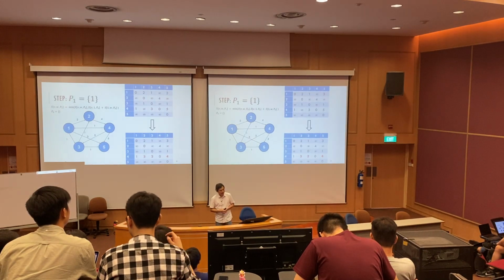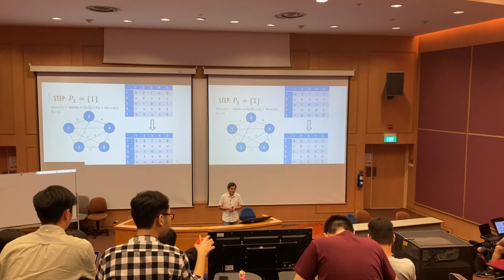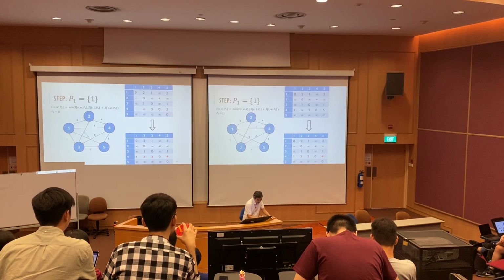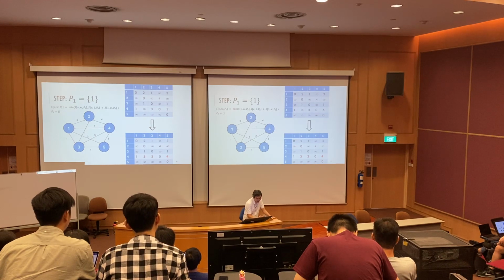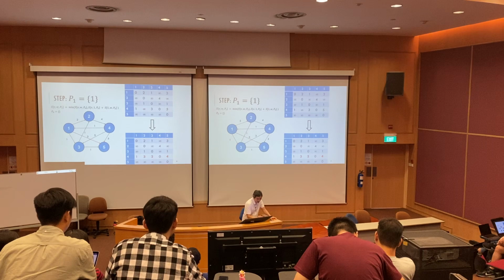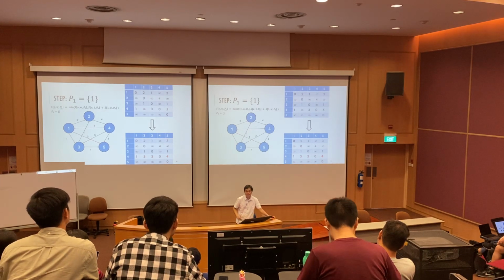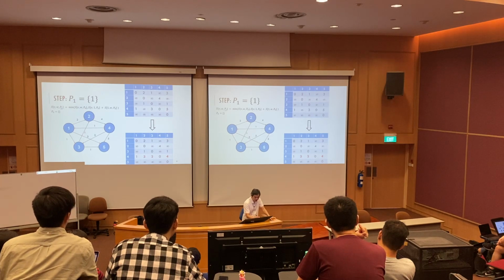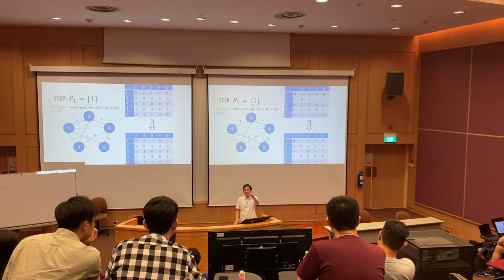Let's go to step 1. Now in step 1, we want to compute S_V,W,P1, the shortest distances from V to W for all pairs of nodes V and W that I can reach using P1. P1 is the set containing the node 1. So it passes through 1 or not, up to you. Whichever you may.